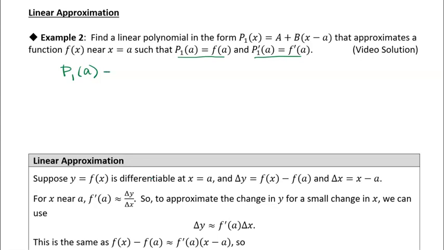So this is what I'm going to do. I'm just going to write a plus b, and put in a for x. So I have a minus a. And what do I get? A minus a is 0, and I just get a. I want this to match the value f of a.